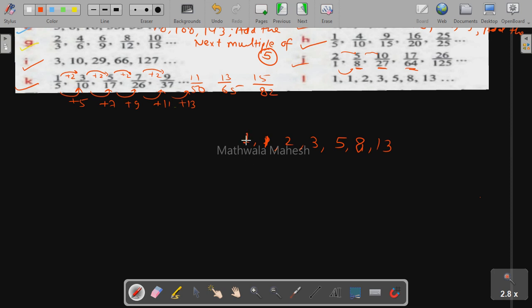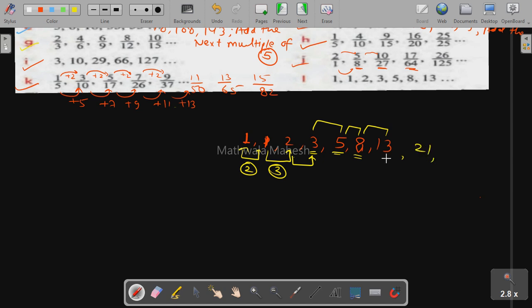Okay. If I add these two terms, 1 and 1, so I will get 2. And if I add these two numbers, I will get 3. So the next term is 3. If I add 2 and 3, I will get 5. If I add 3 and 5, I will get 8. If I add 5 and 8, I will get 13.